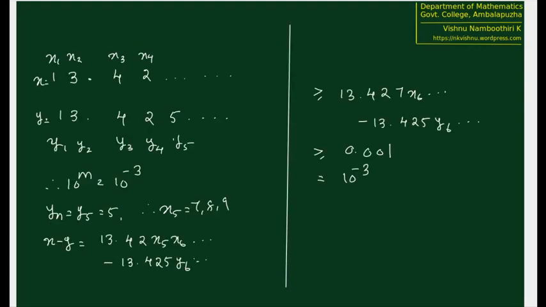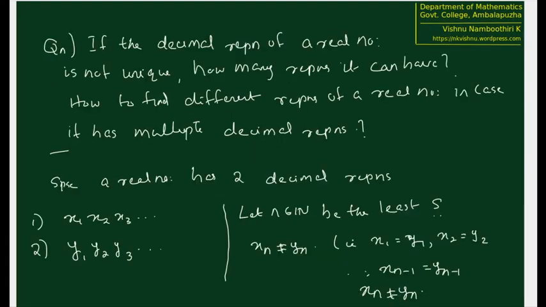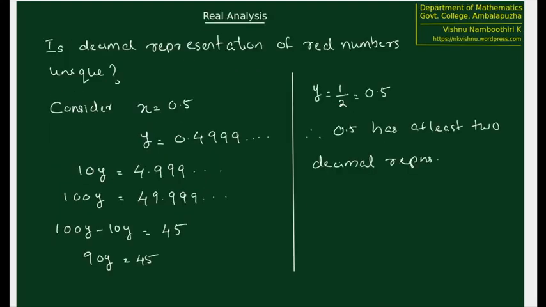And once again, going back to our previous example, we have x equal to 0.5, which is nothing but 0.5, 0, 0, 0, etc. and y is equal to 0.4999, etc. Therefore, we can probably try to see that x has at the remaining positions everything equal to 0 and y has at the remaining positions everything equal to 9.